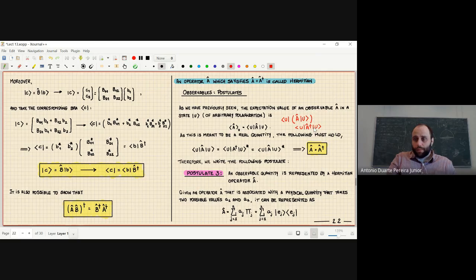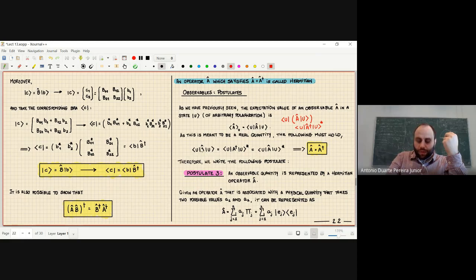But remember, when I reverse the order on a scalar product in a complex vector space, I have to take the complex conjugate. So this is what is written here. I start with this scalar product, and now I'm just exchanging the order of the vectors.